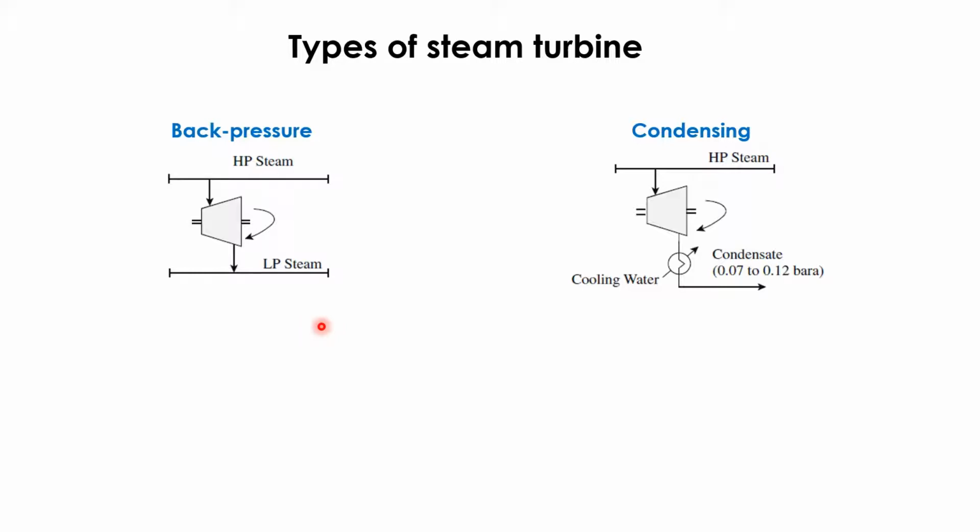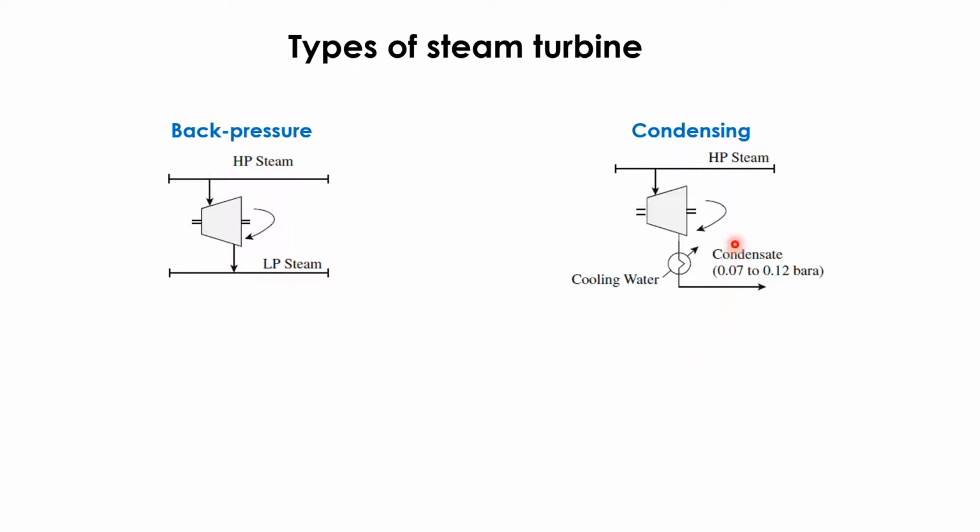On the other hand, on the right side here, the condensing steam can have three types of condenser. It can be direct contact, it can be surface condenser, or it can also be air cooler.